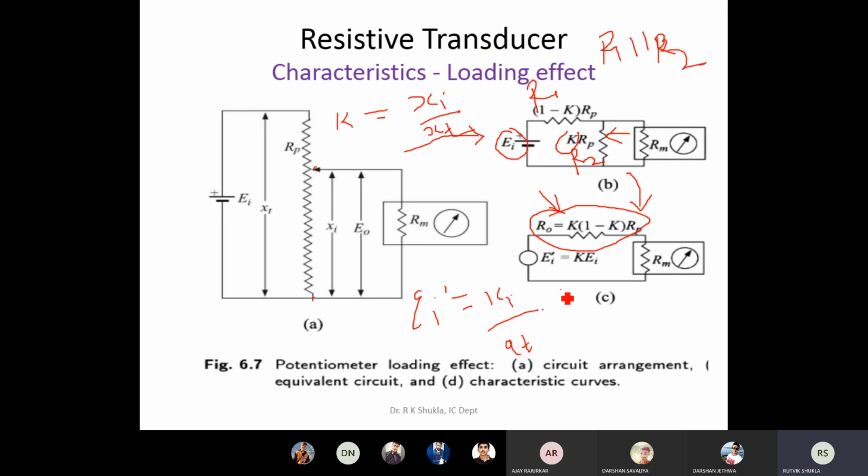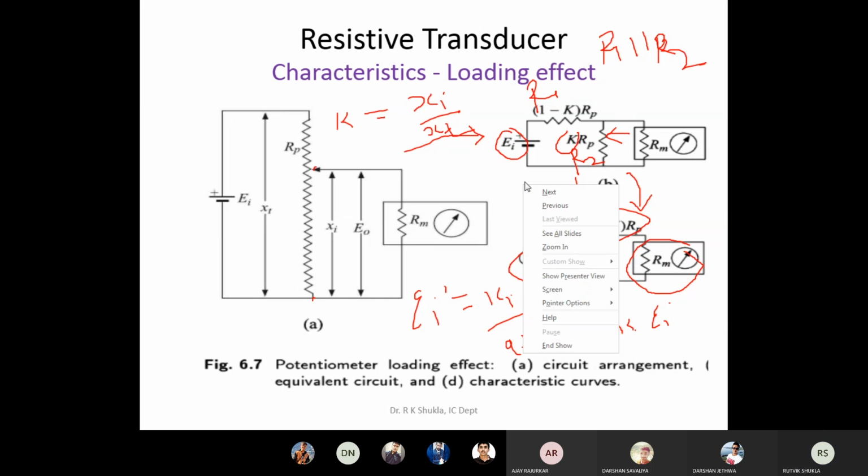So that is nothing but K into EI. So the overall reduced circuit looks like one excitation, denoted by EI dash, one equivalent output resistance, and one voltmeter internal resistance, denoted by Rm. This is the simplified circuit.